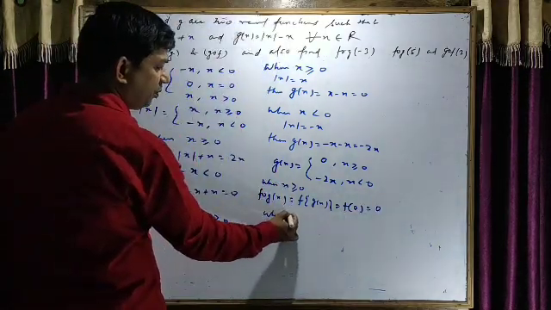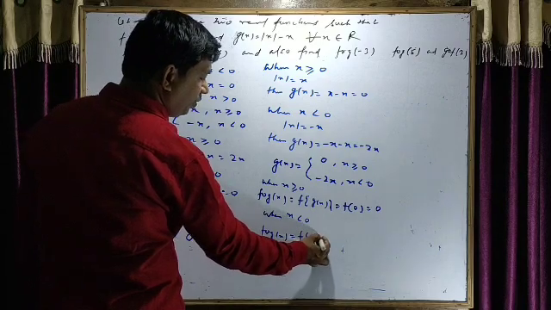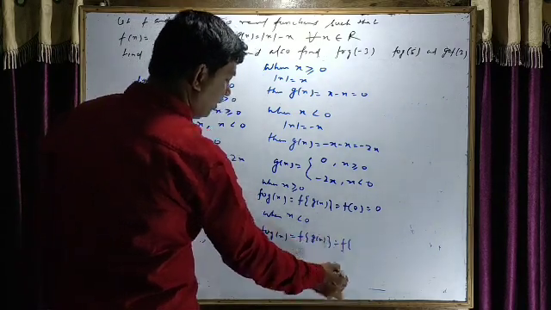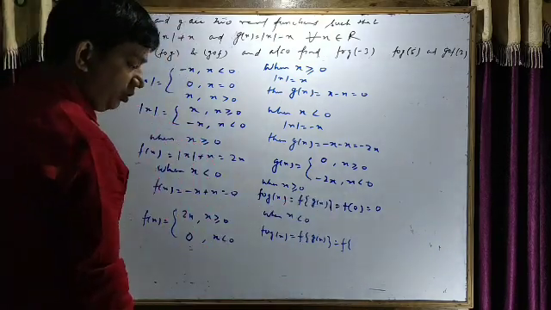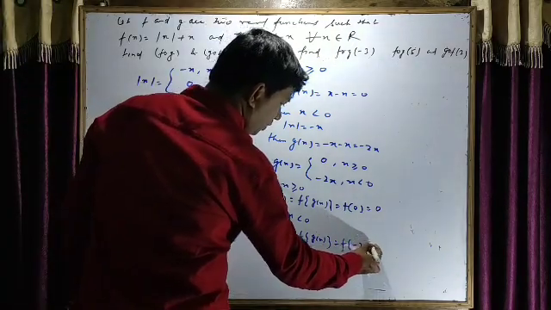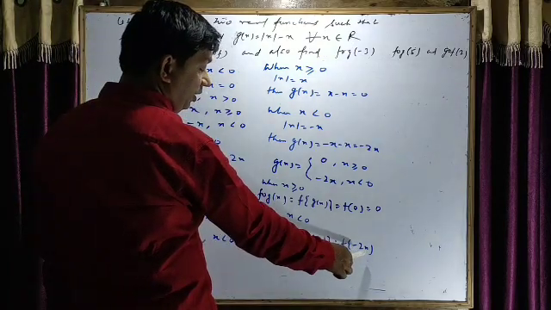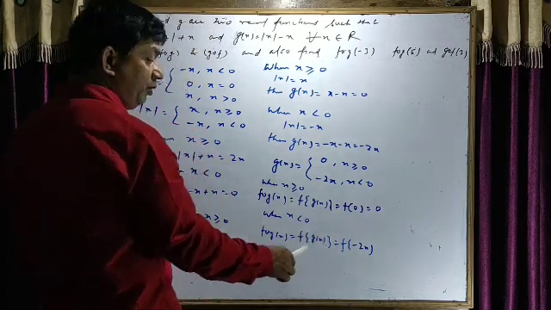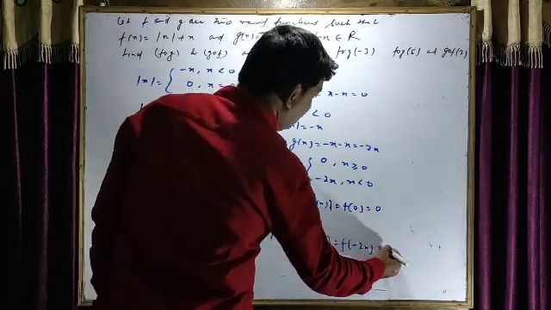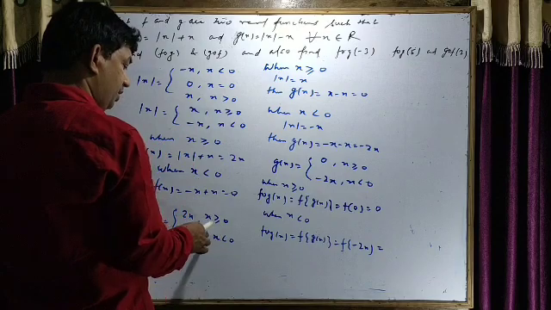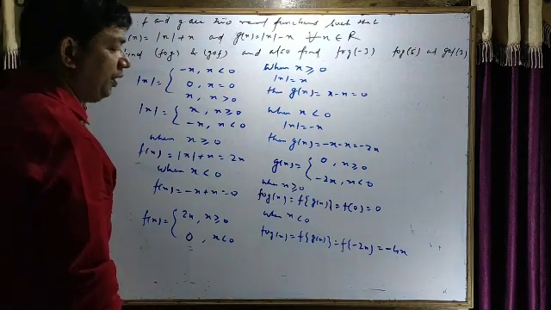Now when x is less than 0, f of g of x: g of x is minus 2x. Here x is negative, so minus x is positive, and this gives minus 4x.